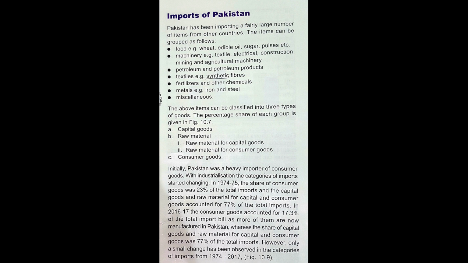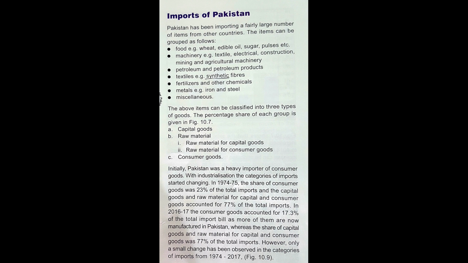As more of them are now manufactured in Pakistan, Pakistan is going to be self-sufficient in these commodities. Whereas the share of capital goods and raw material for capital and consumer goods was 77% of the total imports. However, only a small change has been observed in the categories of imports from 1974 to 2017.